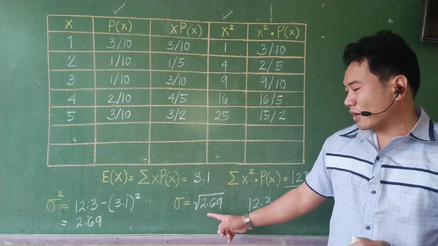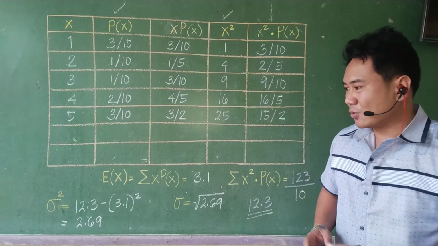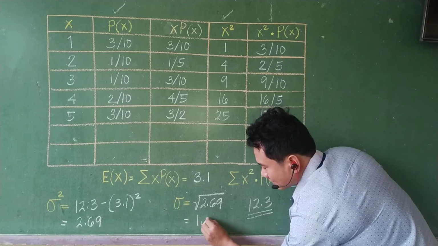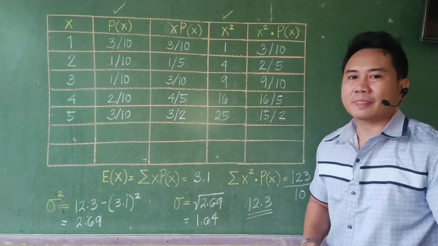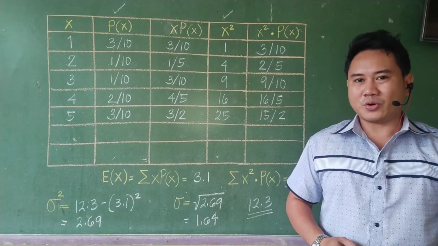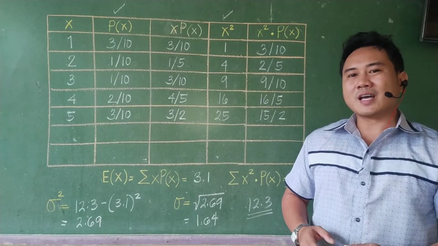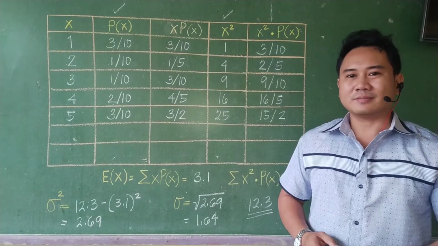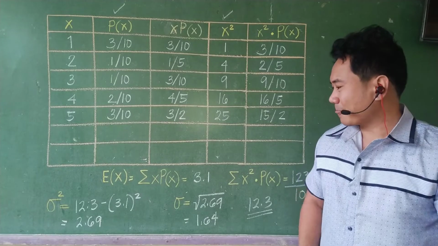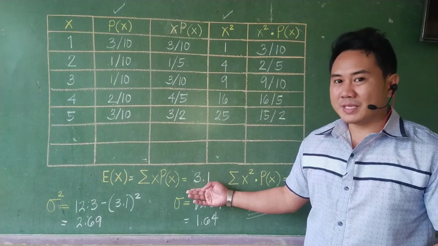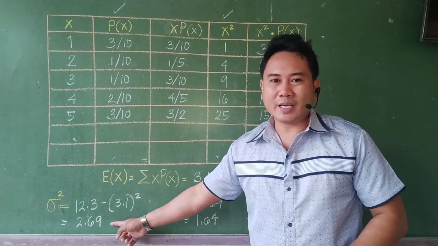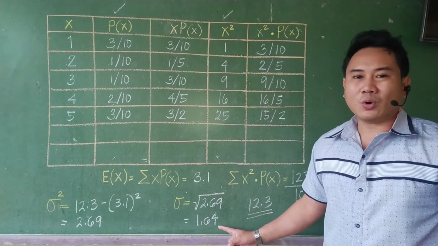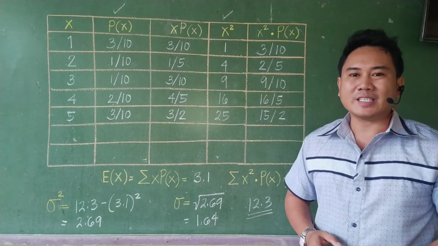The square root of 2.69 is equal to 1.64. 1.64 is our standard deviation. Again, 3.1 is our mean, 2.69 is our variance, and 1.64 is our standard deviation.